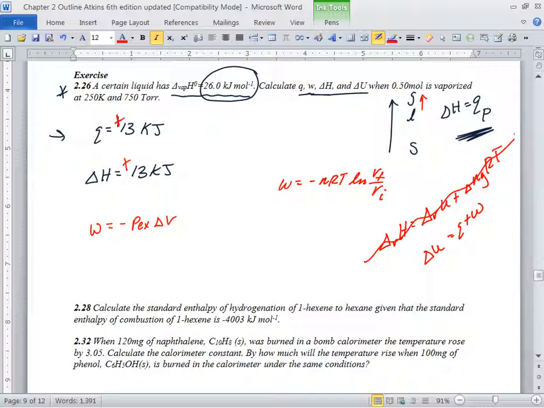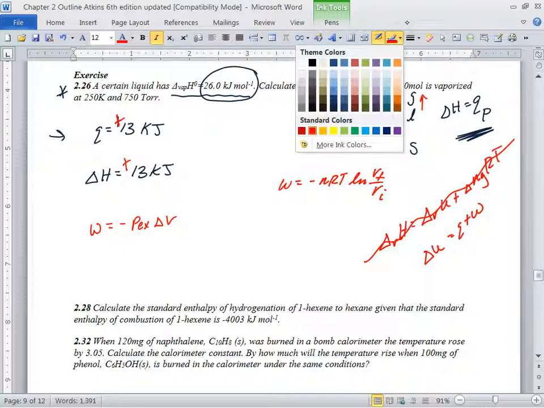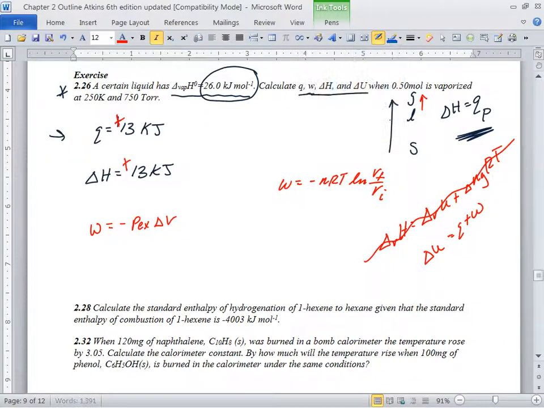Okay, so let's see if we can figure one of these out. What helps me is when they give you pressure and temperature right off the bat, if you go back to general chemistry, ideal gas law.